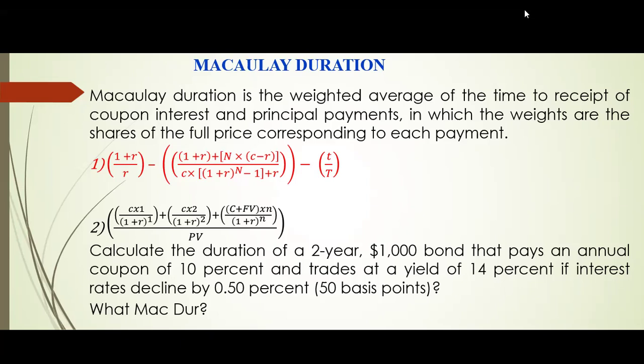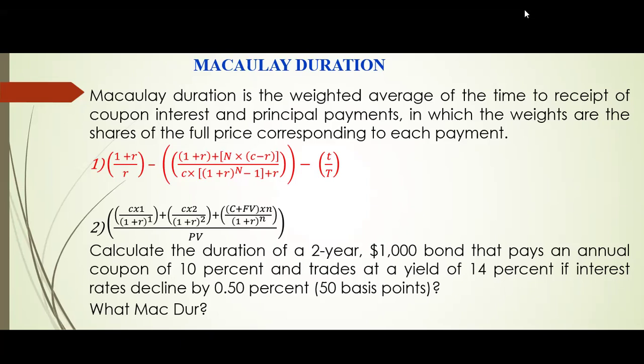What is R? R here resembles the yield, or sometimes they call it the required rate of return, or the discount rate or interest rate. So all of these are names of the interest rate given by the companies.